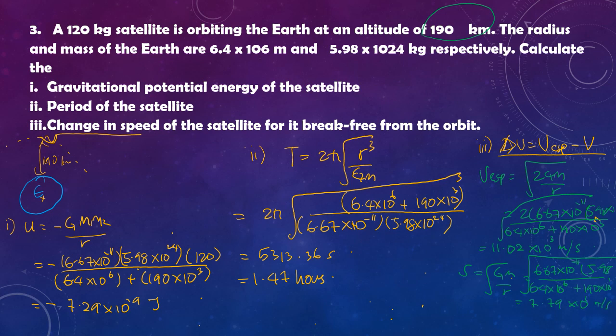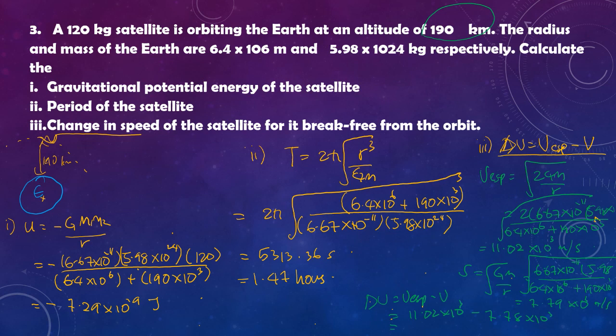Look at it: the escape velocity is higher than the speed of the satellite. So when it moves faster than 11.02, the satellite will go out from the orbit. So delta V is V escape minus the speed of the satellite: 11.02 times 10 to the power of 3 minus 7.78 times 10 to the power 3.